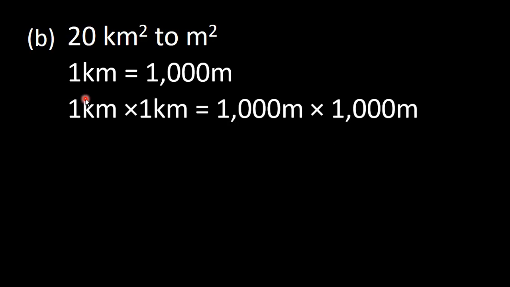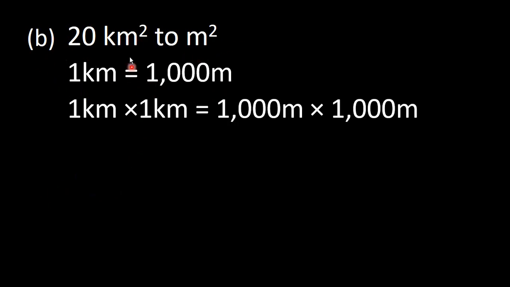What about if I multiply 1 kilometer times 1 kilometer? It means it's going to be 1,000 meters times 1,000 meters, and then we shall get 1 kilometer squared. In simple terms, we are trying to square both sides.